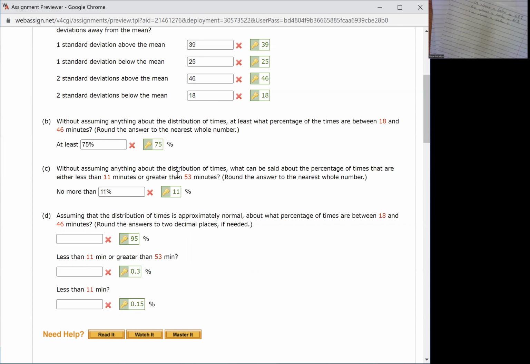I have it written down, 99.7, I think it is. 99.7%. Okay.